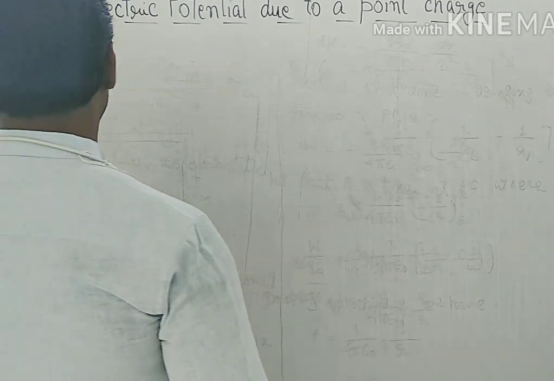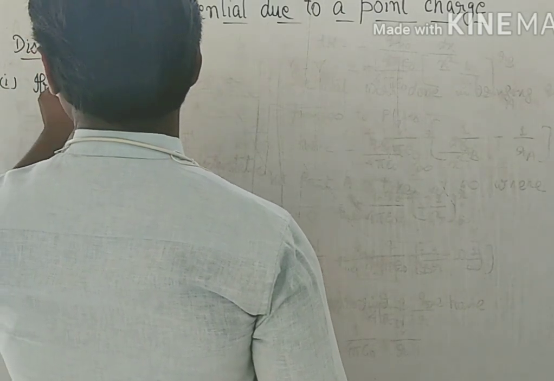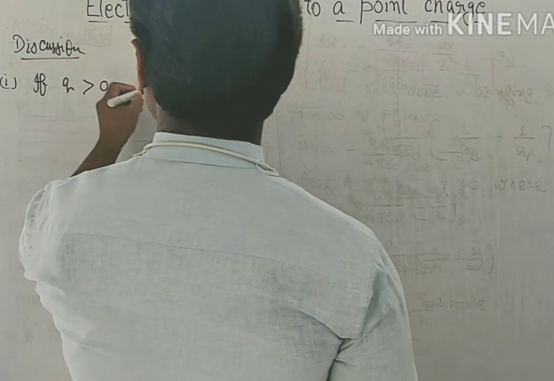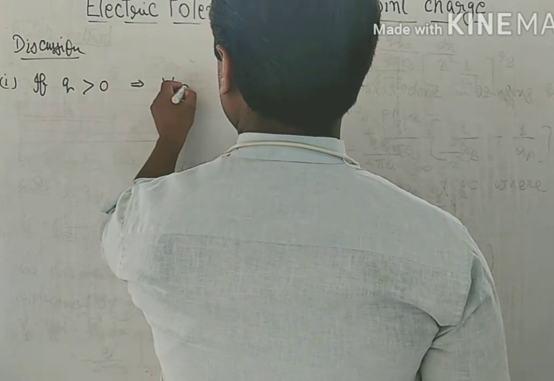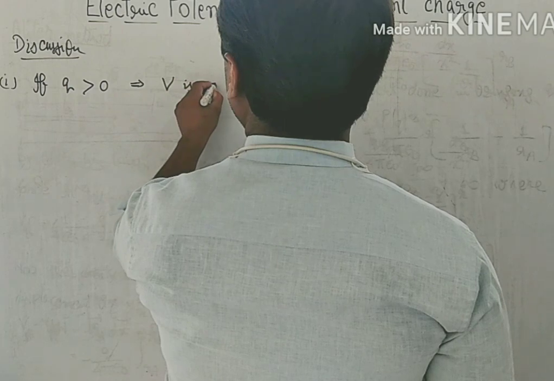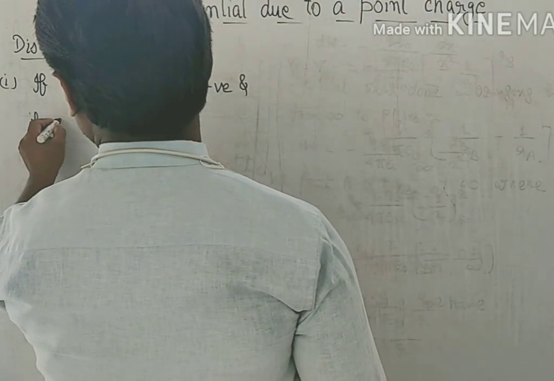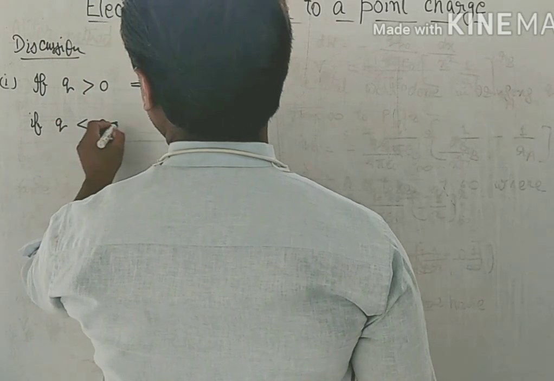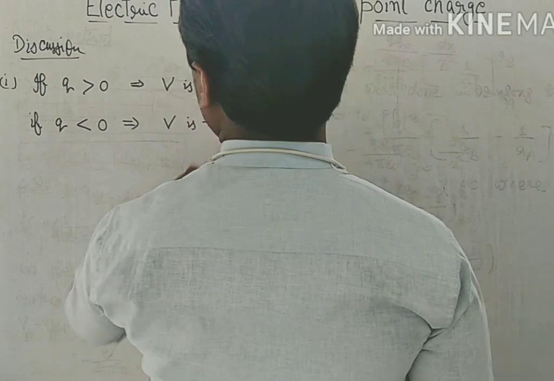Okay, so if Q is greater than 0, that is positive, it implies V is positive, and if Q is less than 0, it implies that V is negative.